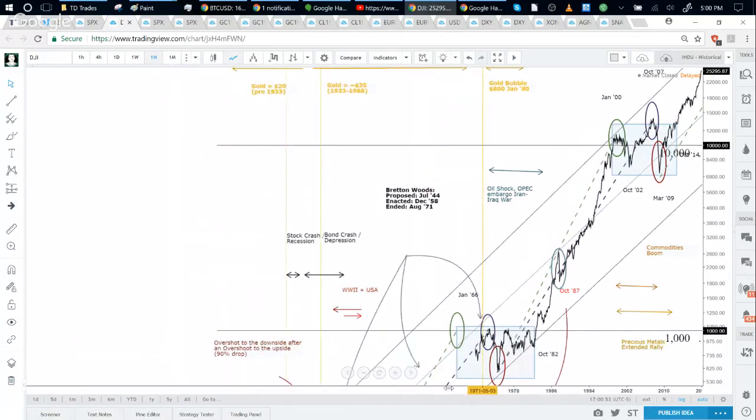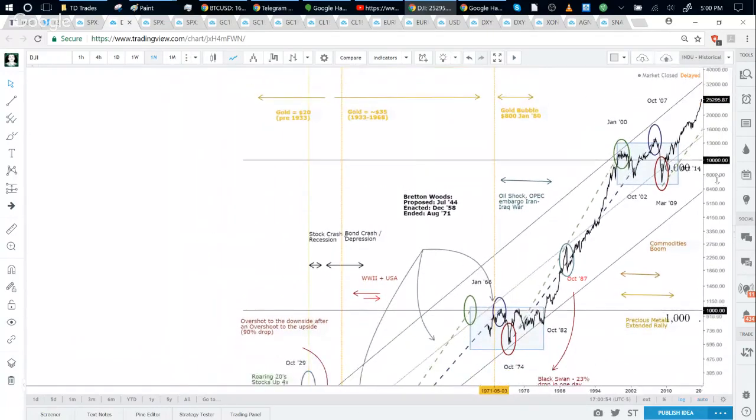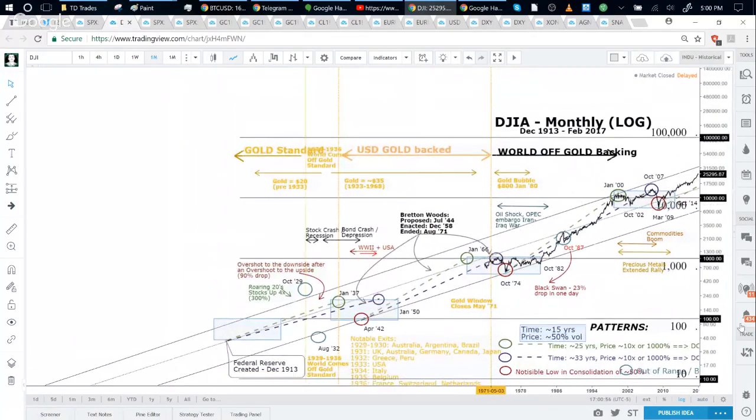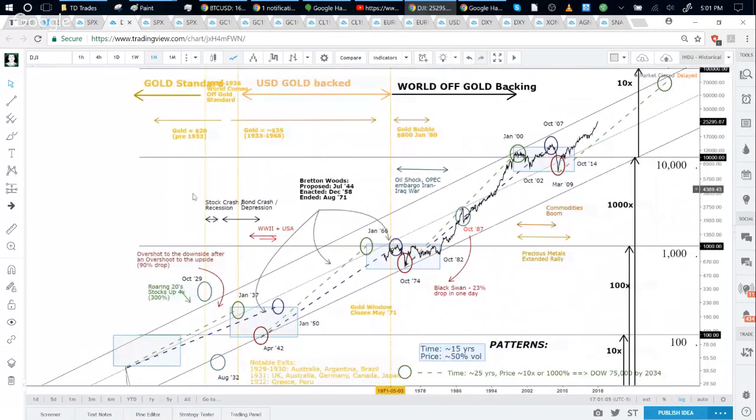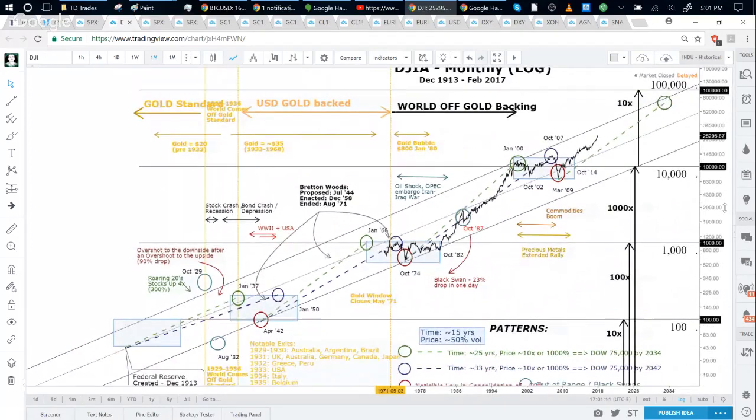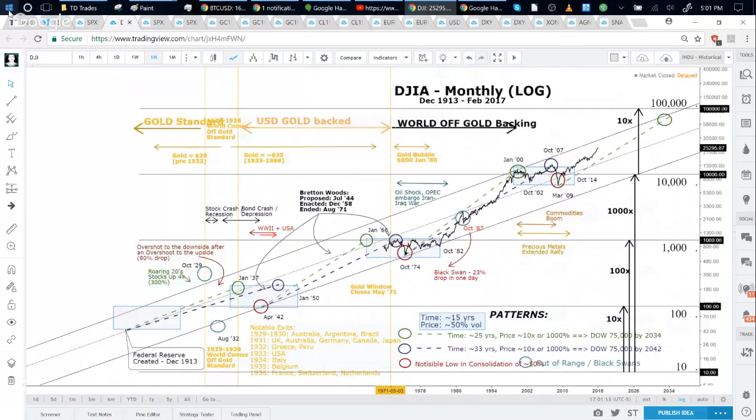There's something wrong here. I think TradingView is messing up a little bit. It looks like TradingView has taken away my historical data, and that's really unfortunate. That really sucks. Maybe I have a picture. Hold on. That does suck, doesn't it? Give me a second here.